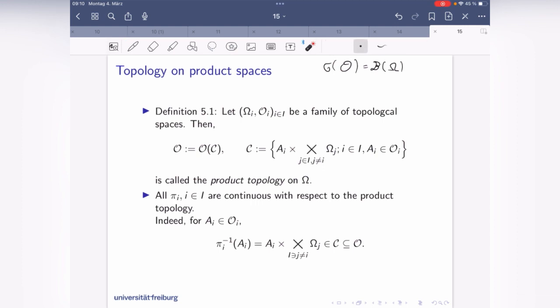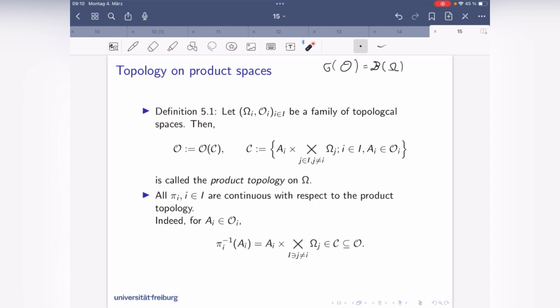So we again here have to start off with a topology, and which topology are we going to take on the product space? Assume we have the topologies here on the single spaces. What is then the topology on the product space?